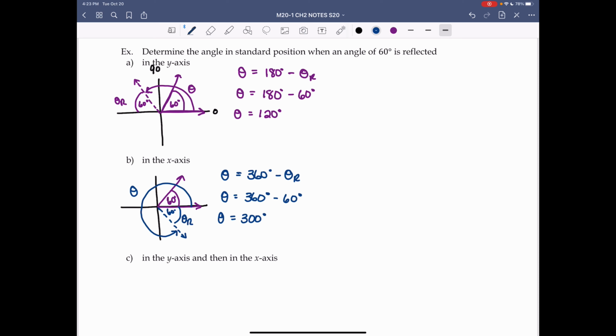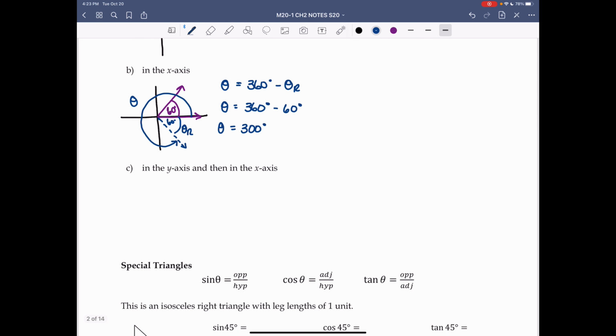Part C, if we reflect angle 60 degrees in the y-axis and then in the x-axis. So we have our angle, 60 degrees, it's about there. We reflect first in the y-axis, so across the vertical axis, and we get a terminal arm over here.